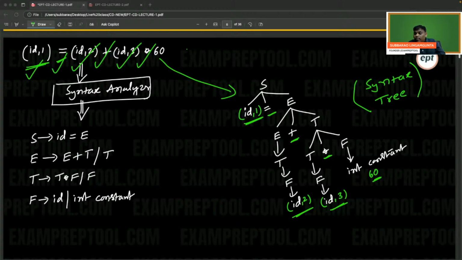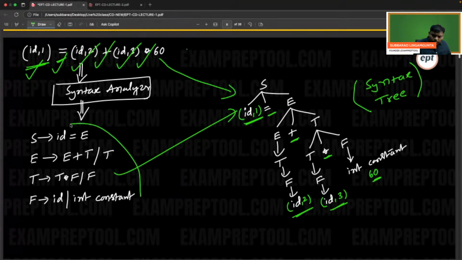But remember everyone, syntax analyzer input is token string, and one more is grammar also. This is the grammar. Syntax analyzer input is going to be two things. One is token string, another one is grammar.